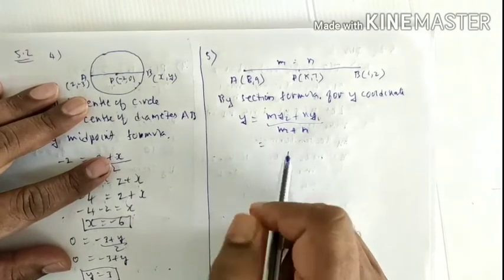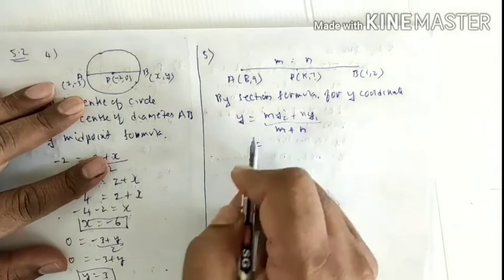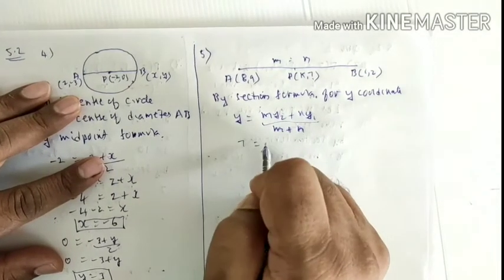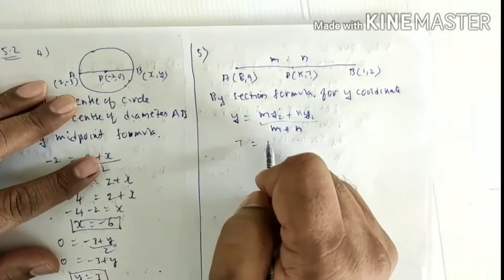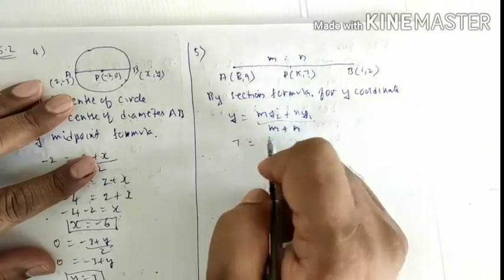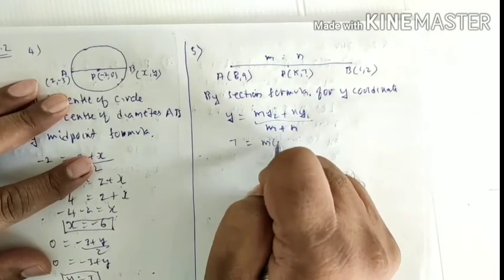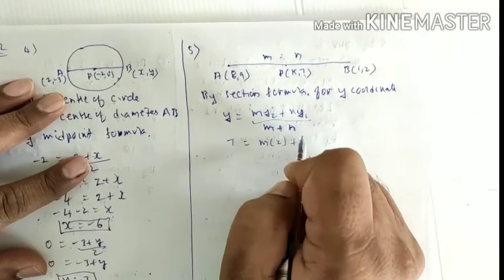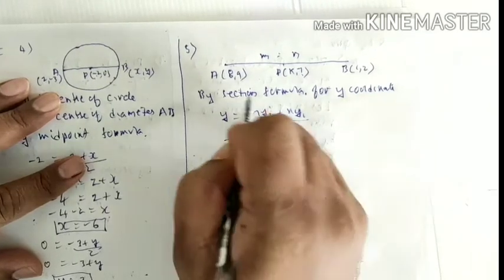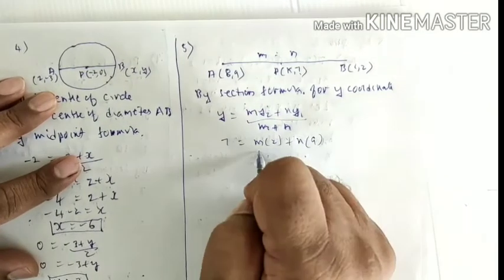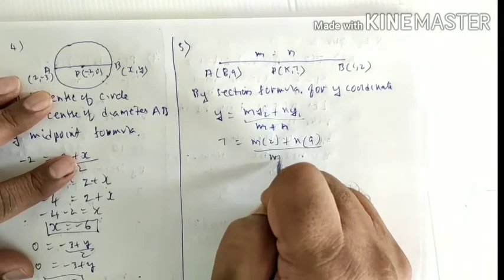Now substitute. What is the value of y? The value of y is 7. So 7 is equal to m into 2 plus n into 9 upon m plus n.